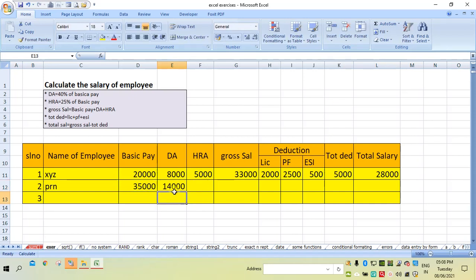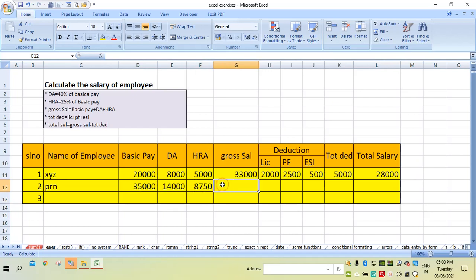So this is the DA for 35,000 basic. To calculate the HRA, is equal to D12 into 25, whole divided by 100. So this is the HRA of this one.